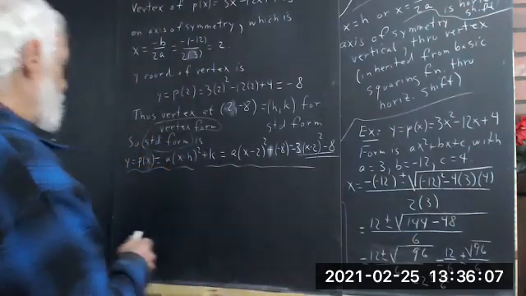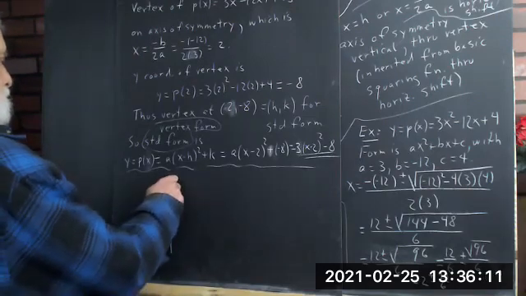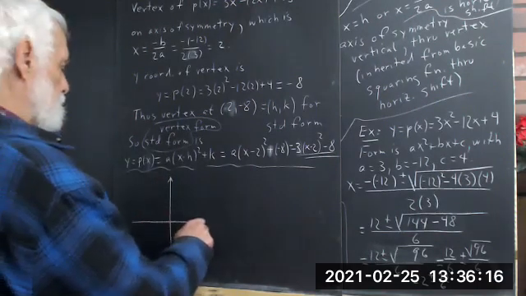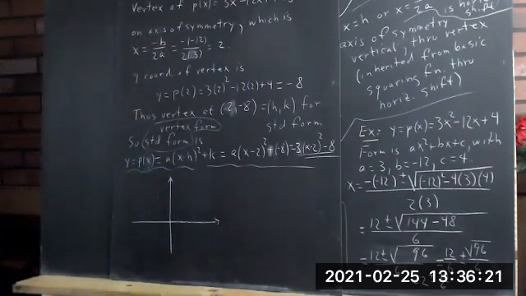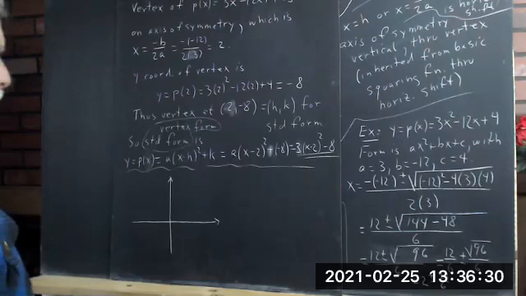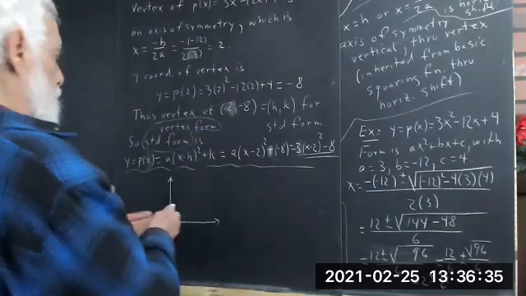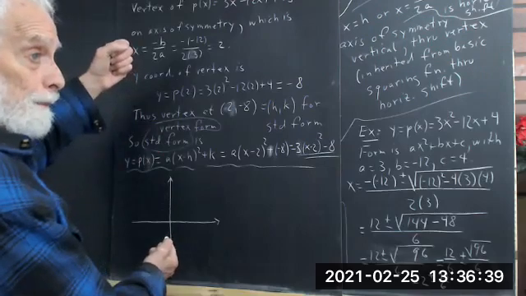Okay. What's this tell us about the graph? Yeah, I don't have the scale to do everything I want, but you can imagine you take the x squared function, you vertically stretch it by factor 3.